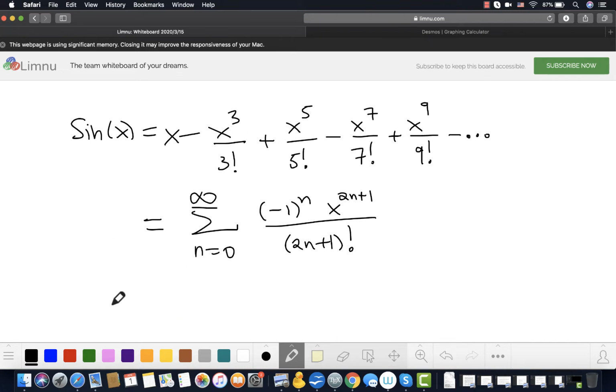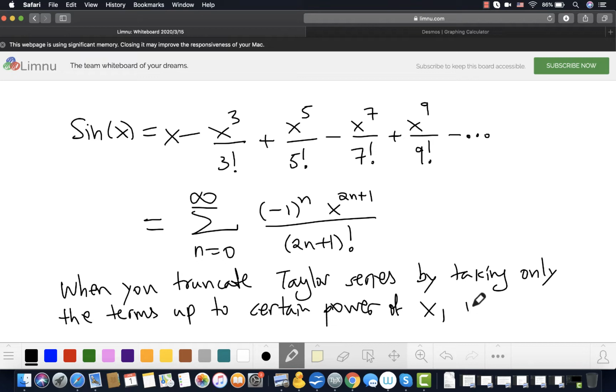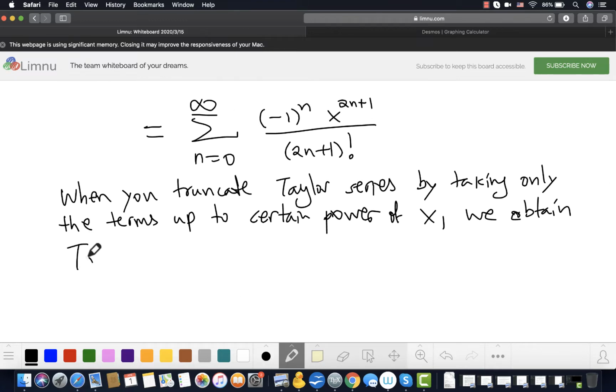So when you take a Taylor series and truncate it by taking only the terms up to a certain power of x, we obtain something called Taylor polynomials.